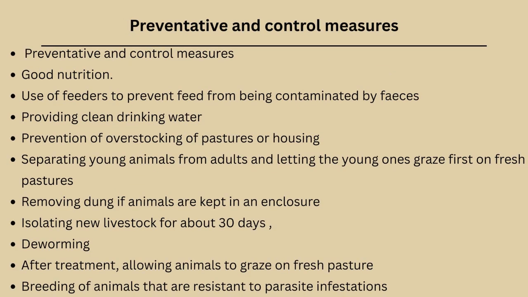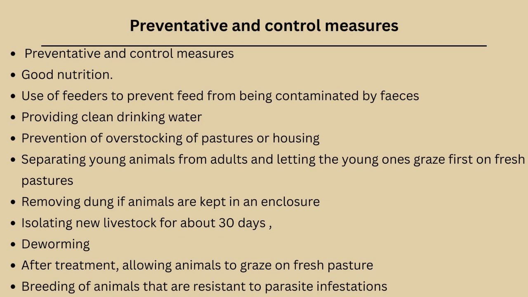Preventative and control measures. Good nutrition. Use of feeders to prevent feed from being contaminated by feces. Providing clean drinking water. Prevention of overstocking of pastures or housing. Separating young animals from adults and letting the young ones graze first on fresh pastures.